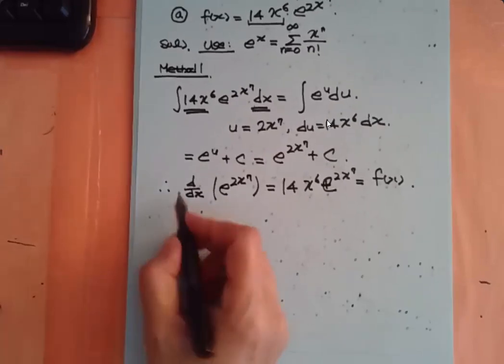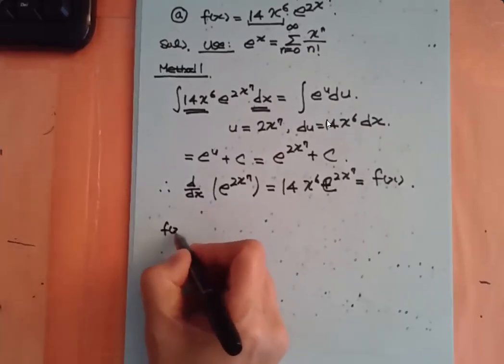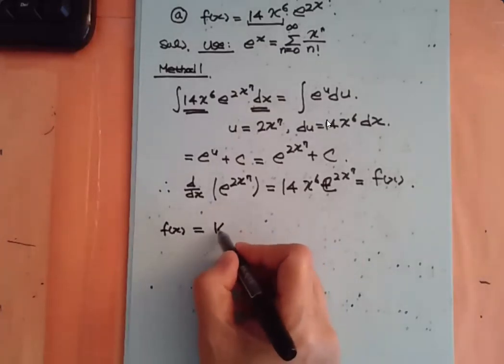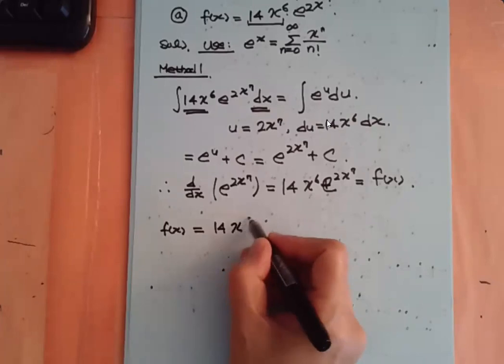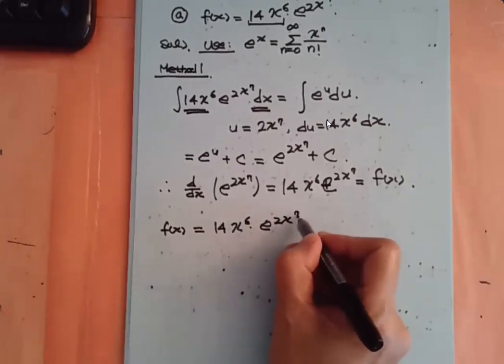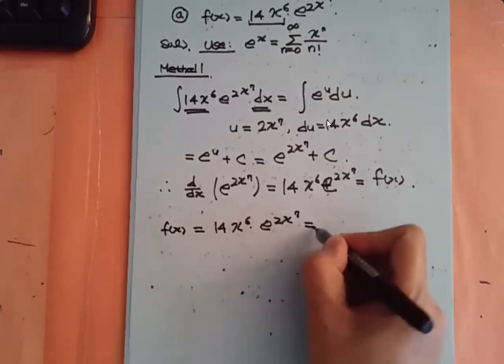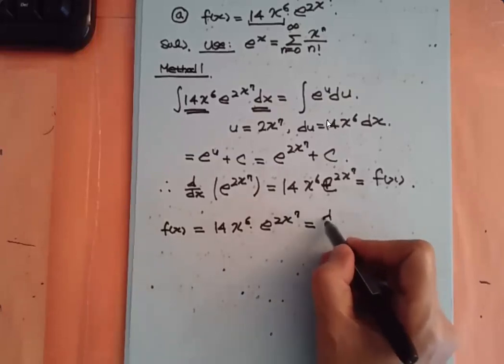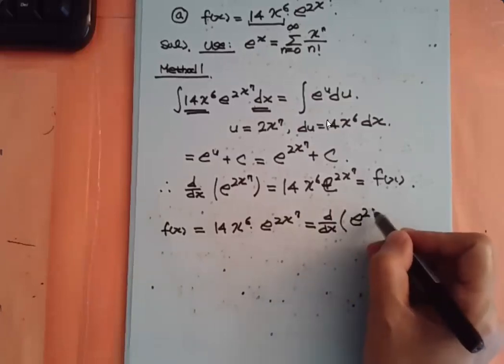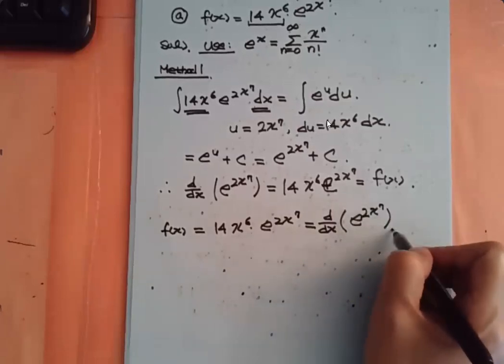So what we can say about f of x is this one. f of x is given as 14x^6 times e^(2x^7), and we can regard that as the derivative of e^(2x^7).